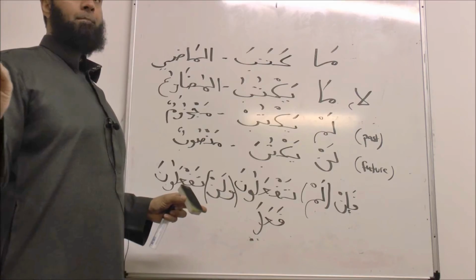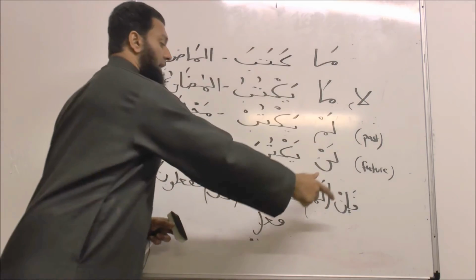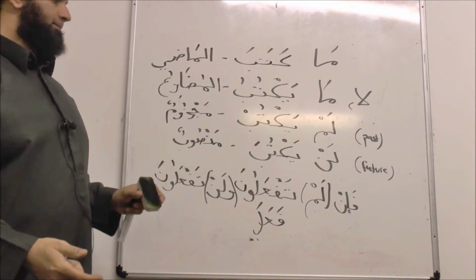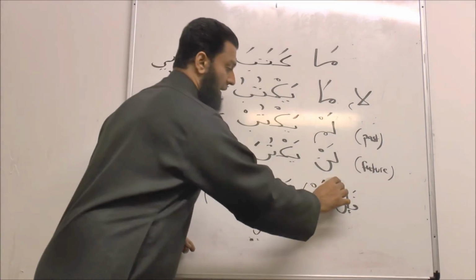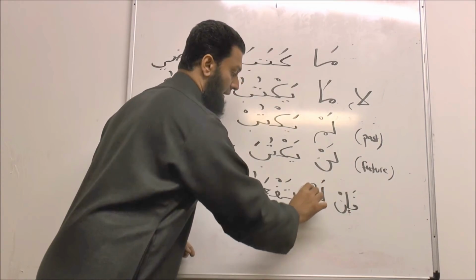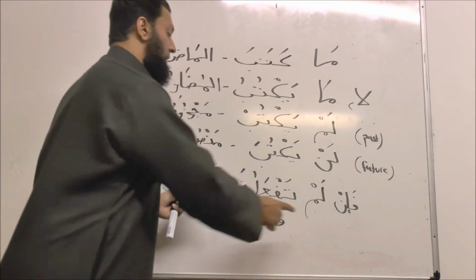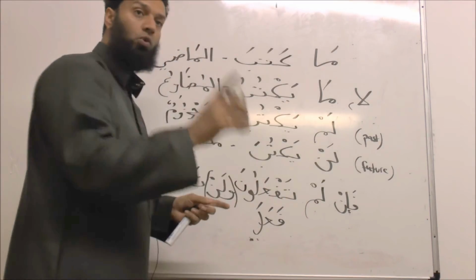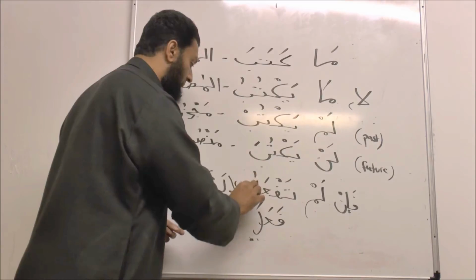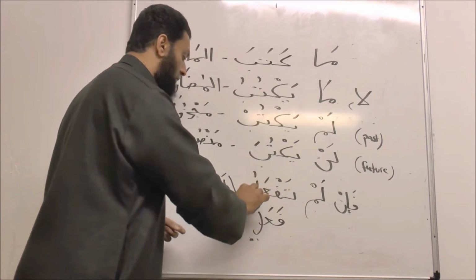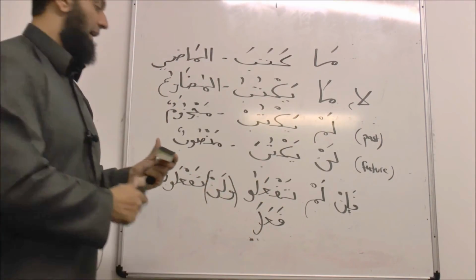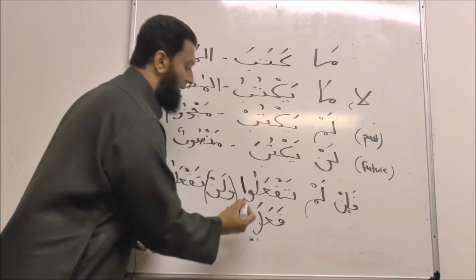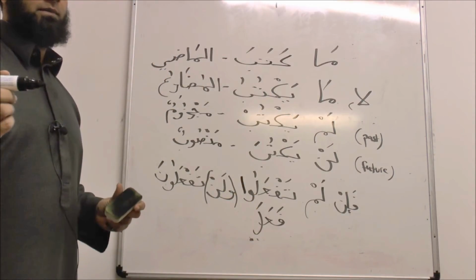So what the ayah therefore means is, if we introduce a lam again, lam taf'alu, the noon gets dropped. We drop the noon, and we write an alif, even though it's not pronounced.